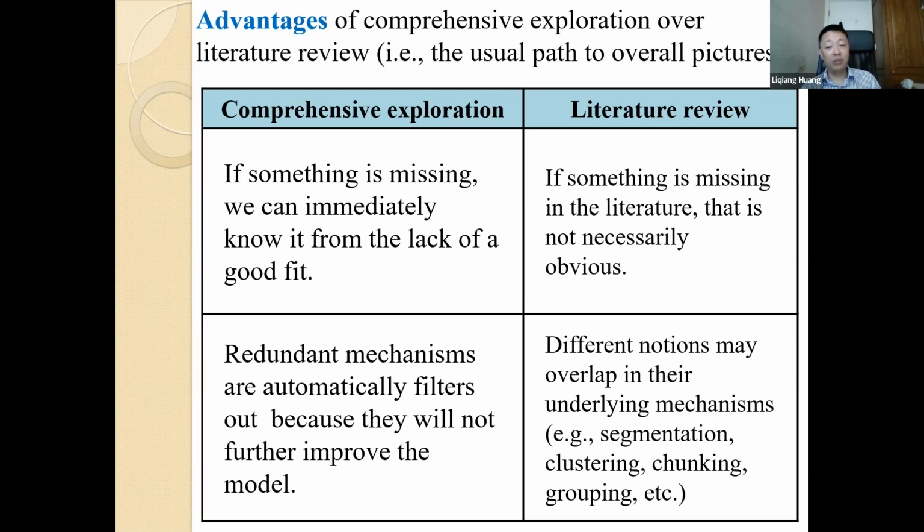For example, in working memory or processing of spatial information, we have segmentation, clustering, chunking, grouping. Many years ago, I wondered, are they totally separate mechanisms? Seems not. But people study them in slightly different ways. Maybe they occasionally discuss that in a general discussion, but nobody knows whether they are the same or different. So it's just a mess.